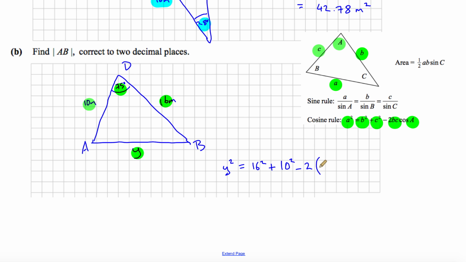So b is again 16 by c, which is 10. And again, that's all done by the cosine of the angle A, which is 75. So the cosine of 75 degrees.